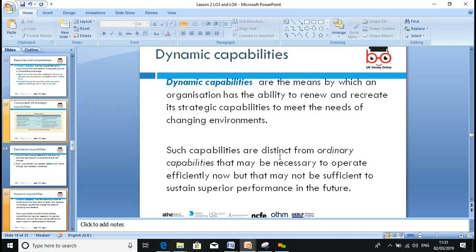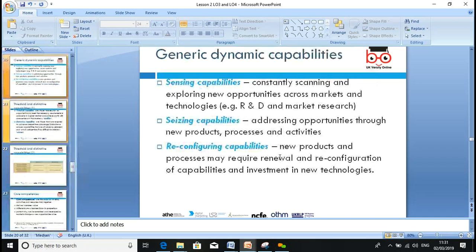Dynamic capabilities mean the capabilities we need to change over time. It means the organization's ability to renew and recreate its capabilities to implement the change effectively in our organization. So that's what we need to focus on.